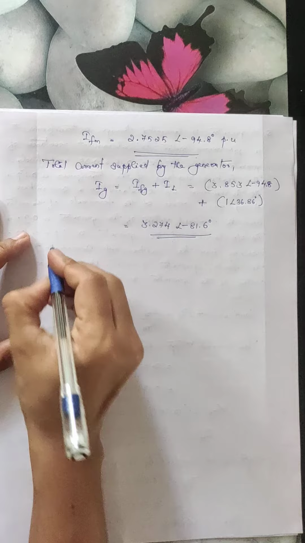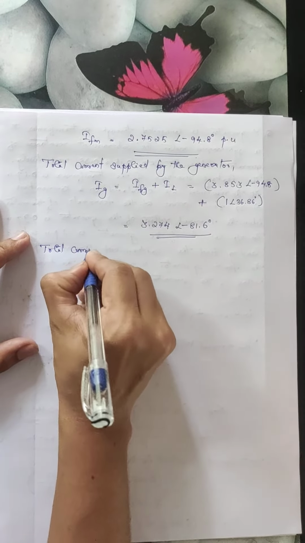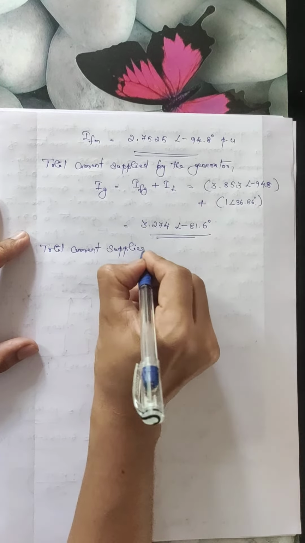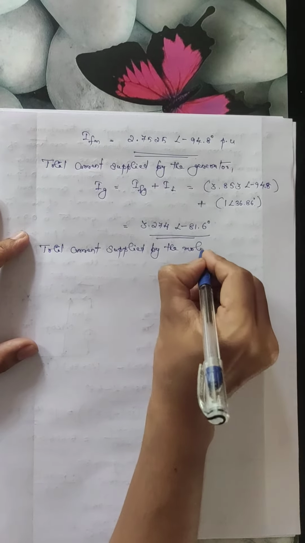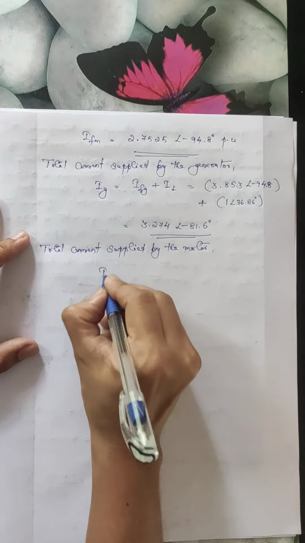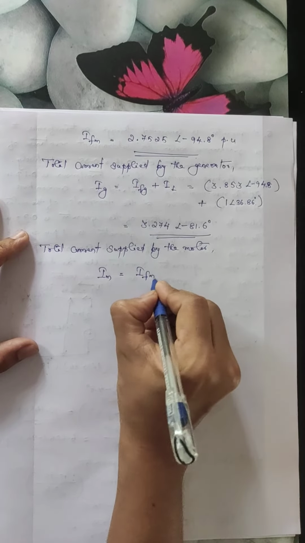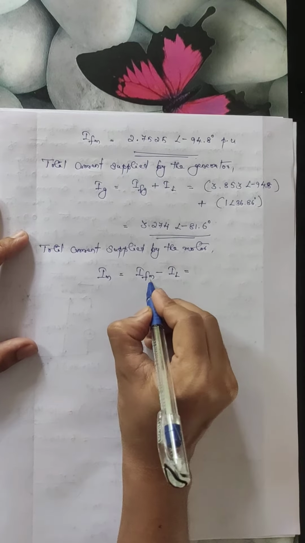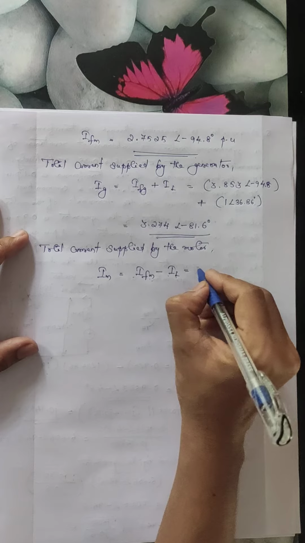So now let us calculate the total current supplied by the motor. So total current supplied by the motor IM will be the phasor difference between the fault current supplied by the motor and the load current, because fault current is flowing out of the motor terminals and load current is flowing into the motor terminals.